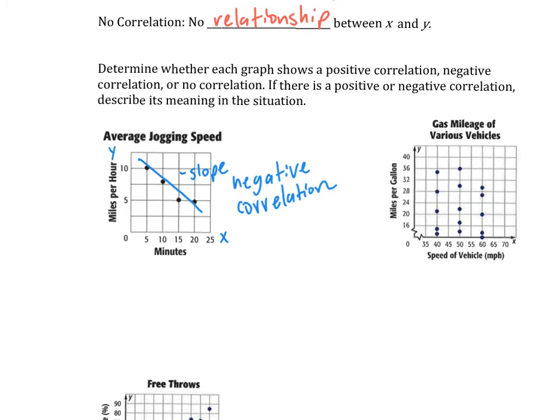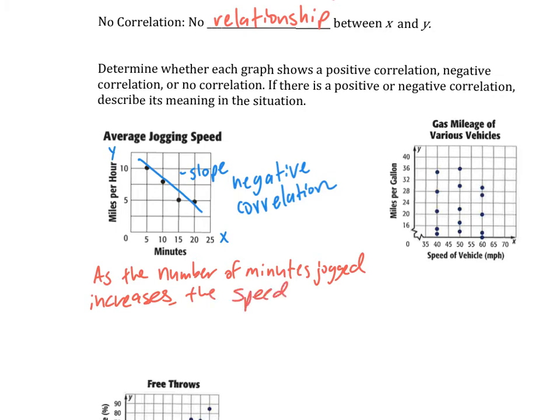So a sentence that we might be able to write here is: as the number of minutes jogged increases, the speed, or maybe even we could say the running speed, which is in miles per hour, not that that really matters, we could probably leave that part out, the running speed decreases.